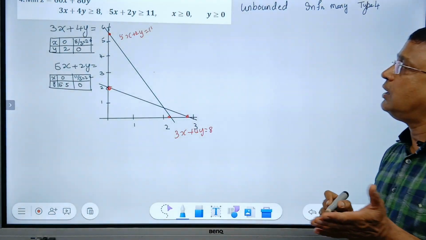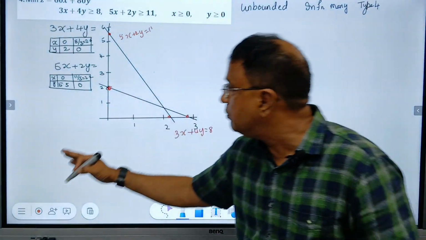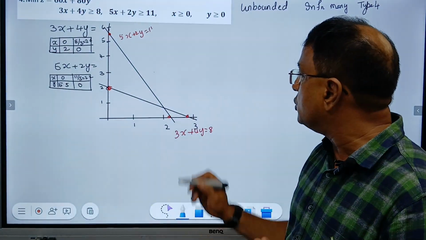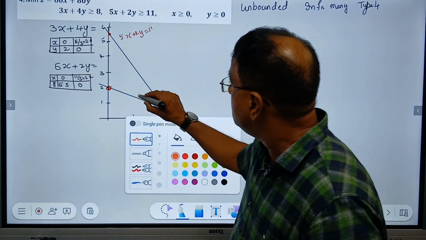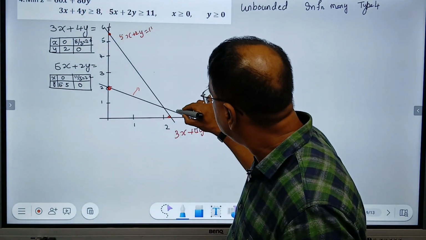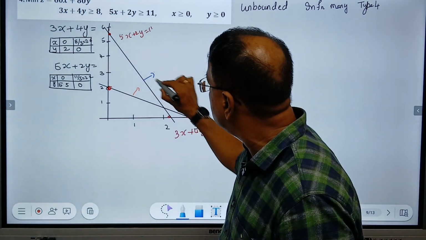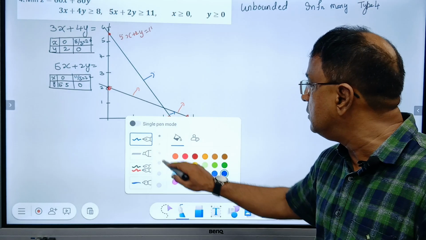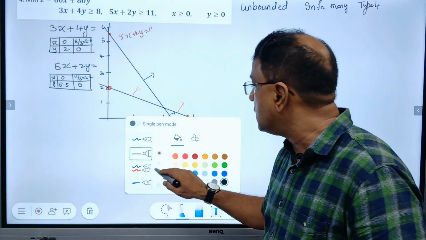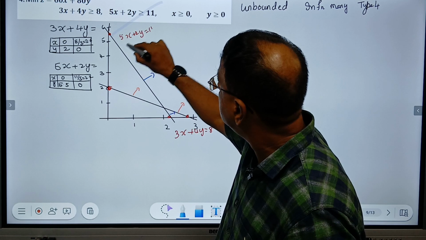Now since both are greater than, when you substitute origin, it will not be towards origin, it will be away from origin. That you can test it, okay? For this it will be away from origin, and for this also, because both will not satisfy origin. So my feasible region is unbounded. So this is my feasible region.